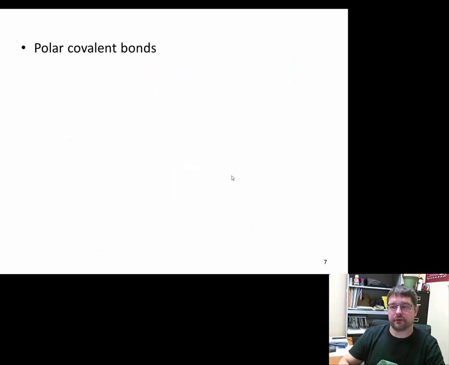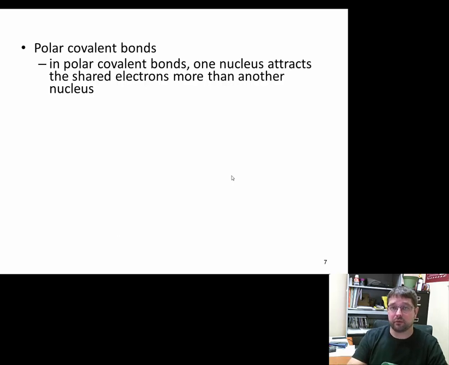Now, like I said before, in a covalent bond they're sharing electrons, but the electron sharing doesn't have to be equal. When it's not equal, so when one nucleus attracts the electron or has more pull on the electron, it's considered a polar molecule.